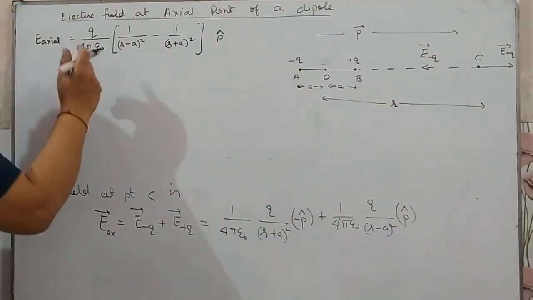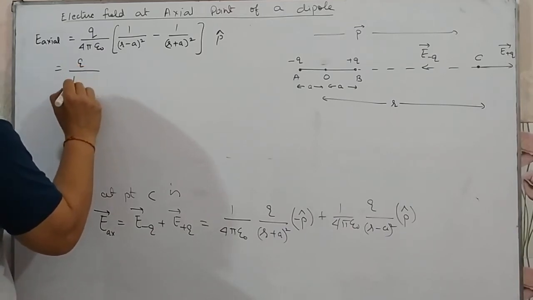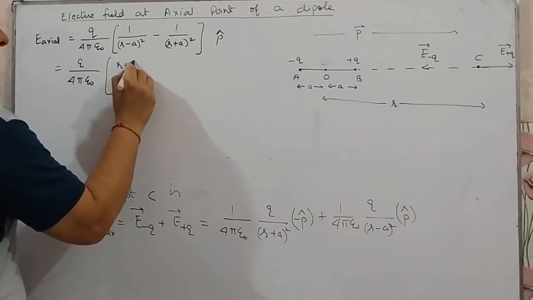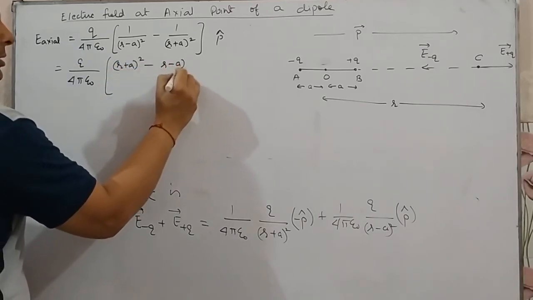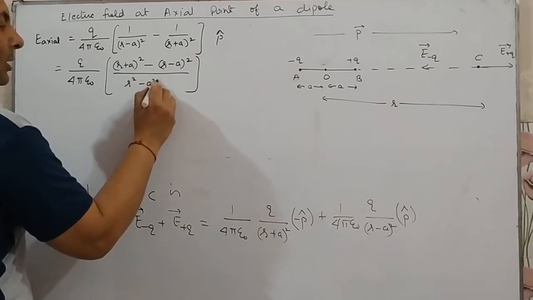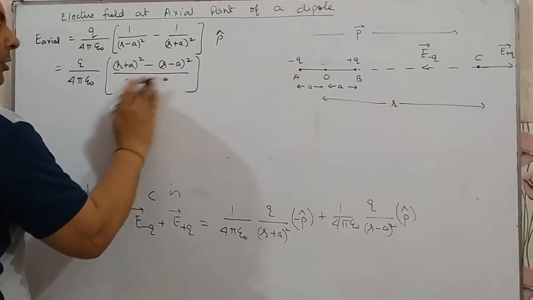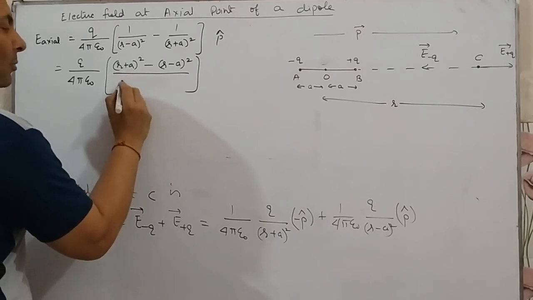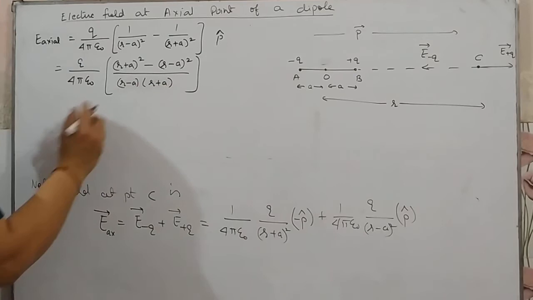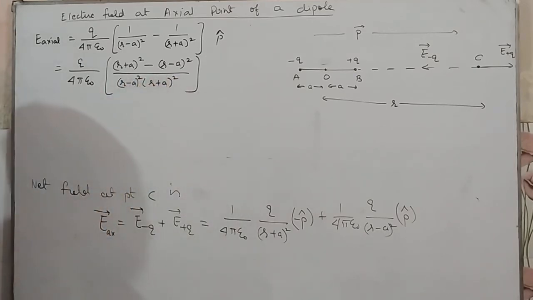And this can further be written as q upon 4 pi epsilon naught, times (r plus a) square minus (r minus a) square divided by (r square minus a square) square. If you are not comfortable, write it in this form: (r minus a) (r plus a), whole square.